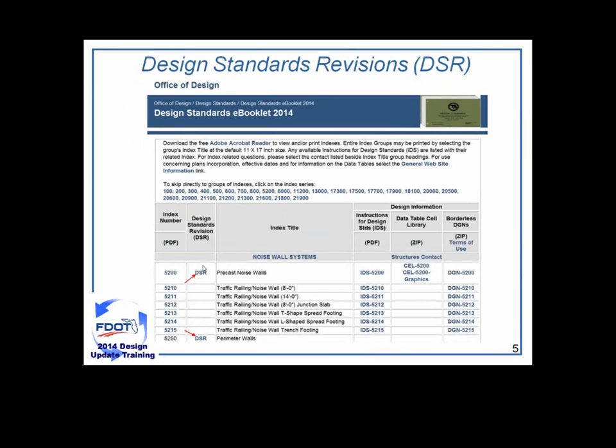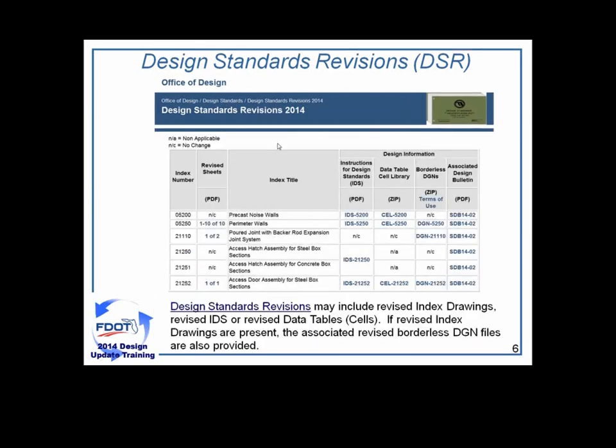All the content that's accessible on the design standards e-booklet page is the original content that was released with the e-booklet. However, if there is a DSR link adjacent to the number, you can click on that and it'll take you directly to the design standards revision page.